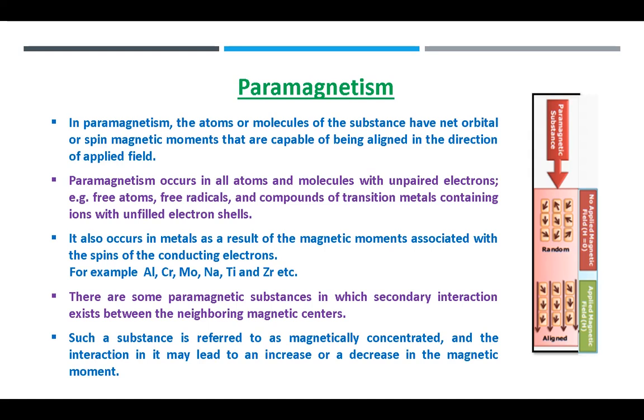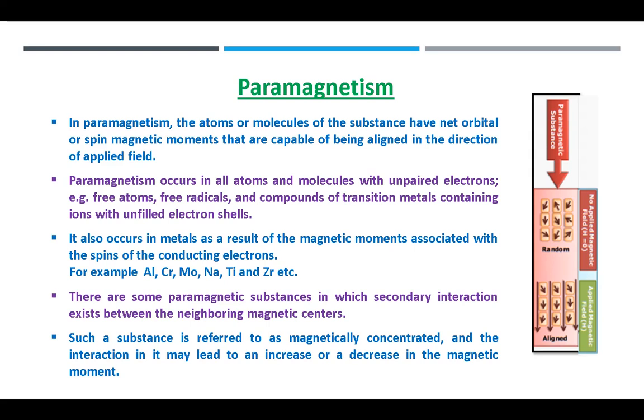Examples: free atoms, free radicals, and compounds of transition metals containing ions with unfilled electron shells. It also occurs in metals as a result of the magnetic moments associated with the spins of the conducting electrons, for example, aluminium, chromium, molybdenum, sodium, titanium, and zirconium, etc.